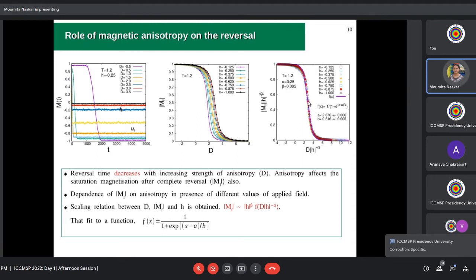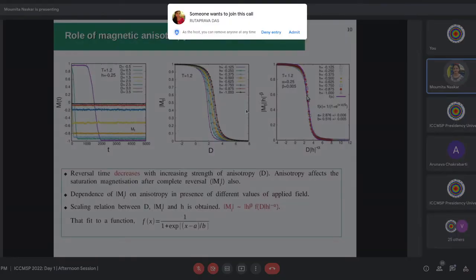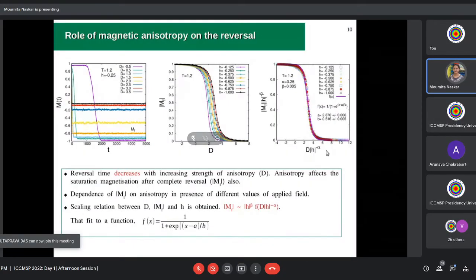This scaled data actually indicates different kinds of magnetic ordering depending on the strength of anisotropy. Notice here that when D is 0 or in the large limit of negative anisotropy, magnetization is 1, which indicates a perfect ordering of the spins, basically influenced by the external applied field.